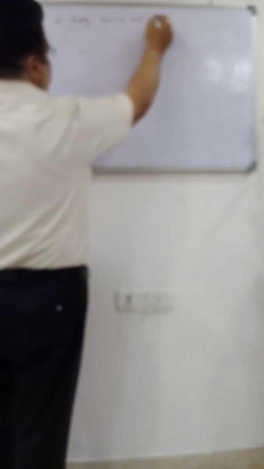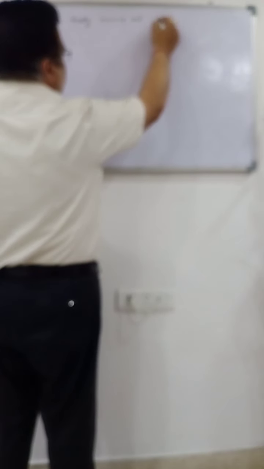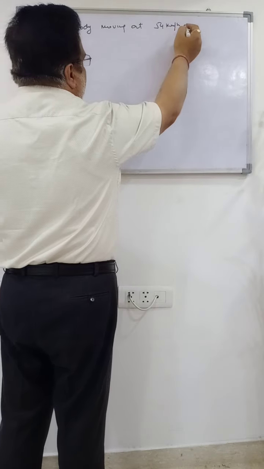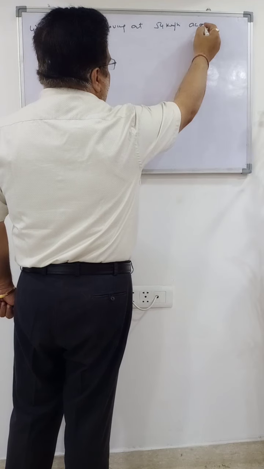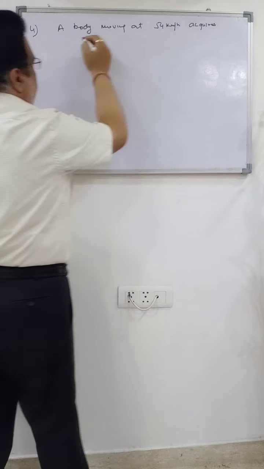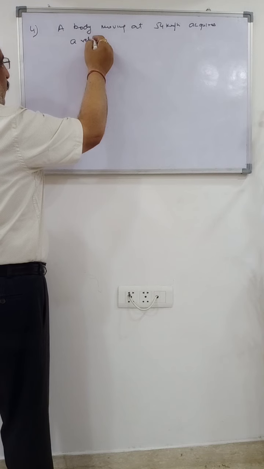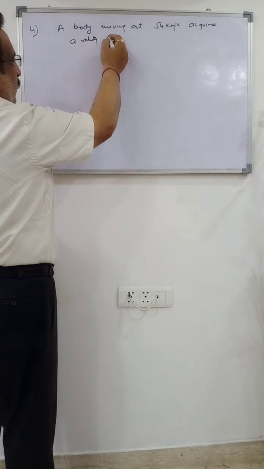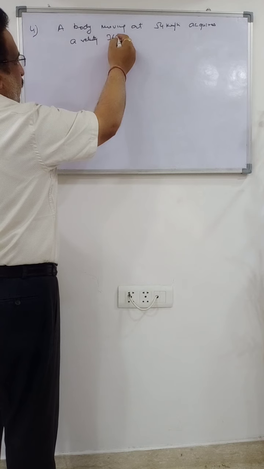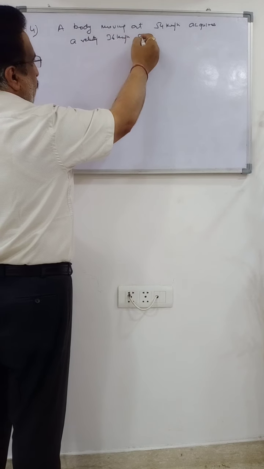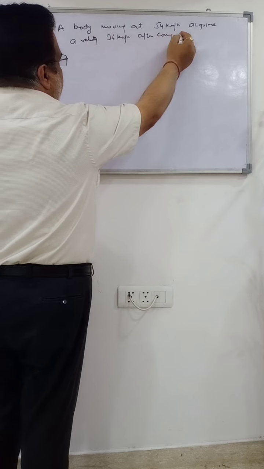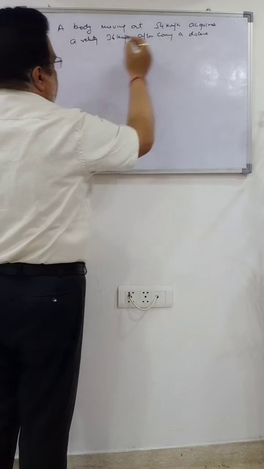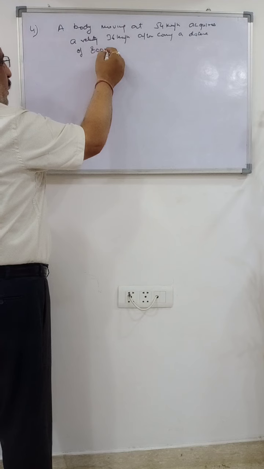To the next question. A body moving at 54 km per hour acquires a velocity of 36 km per hour after covering a distance of 800 meters.